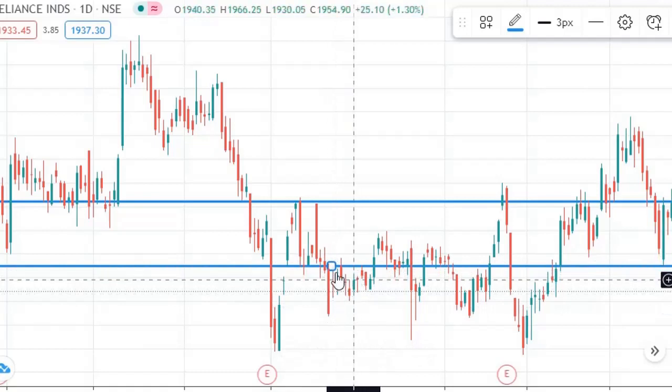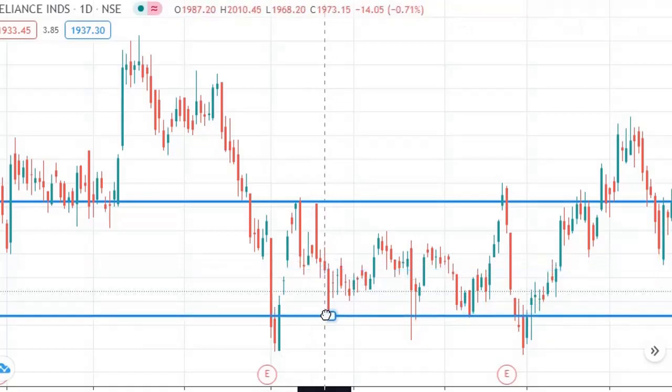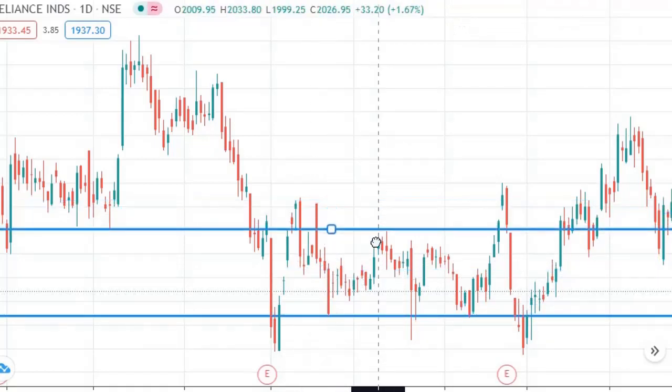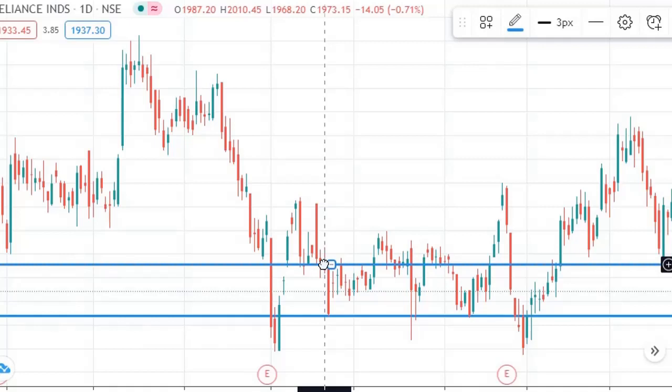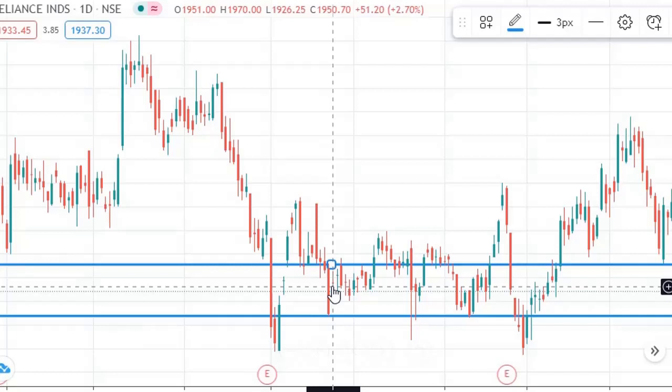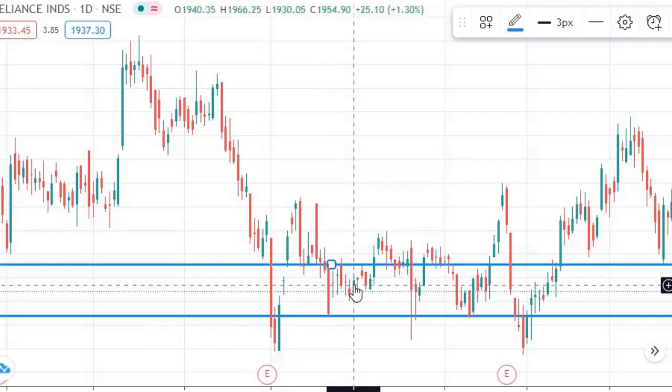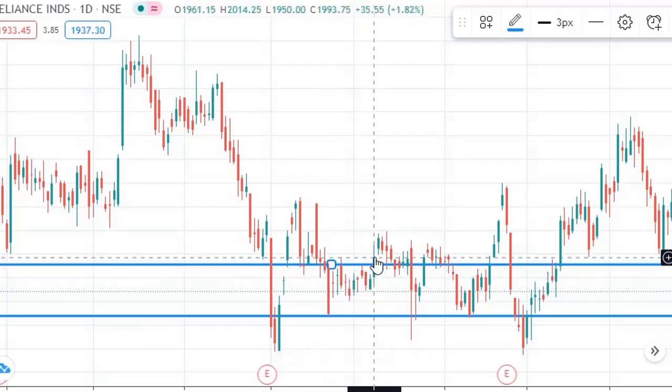So inside this range, now this is very important, that's why I took this chart. So inside this range we were trading in negative bias, but market reversed.